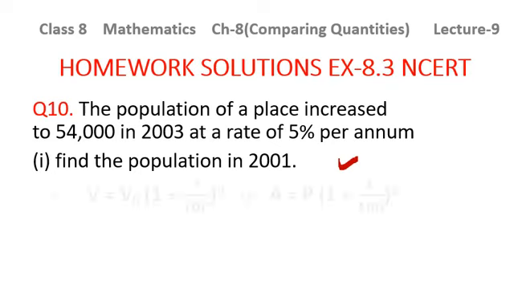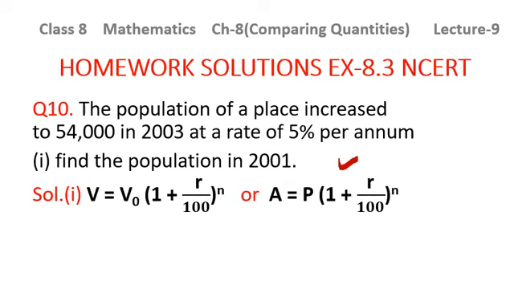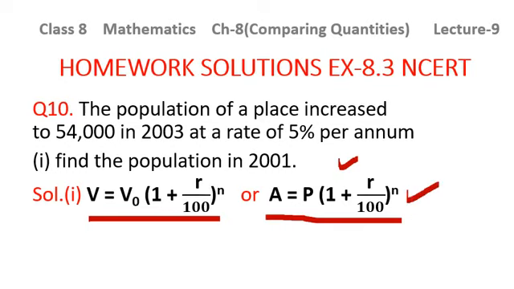Let us see now. Here in this question number 10, V is equal to V naught (1 plus R over 100) raised to the power n. This formula can be written in terms of amount and principal also, but I will be using V is equal to V naught (1 plus R over 100) raised to the power n. You can use the formula in terms of amount and principal if you find it easy.